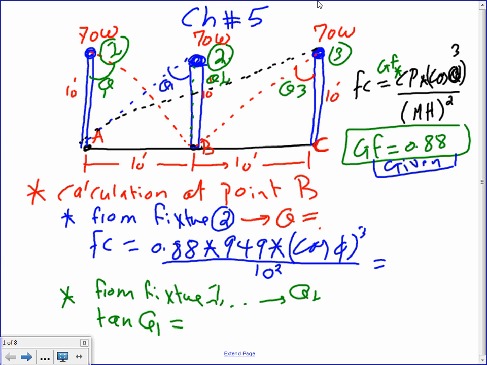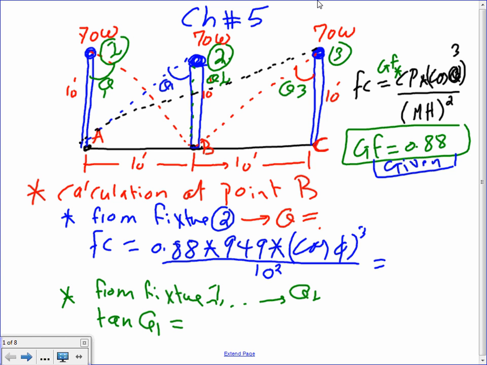The point immediately under the lighting fixture is called the nadir point, which is the zero angle. Not Ralph Nader, but nadir point. That point right underneath it is called the nadir point of that fixture.